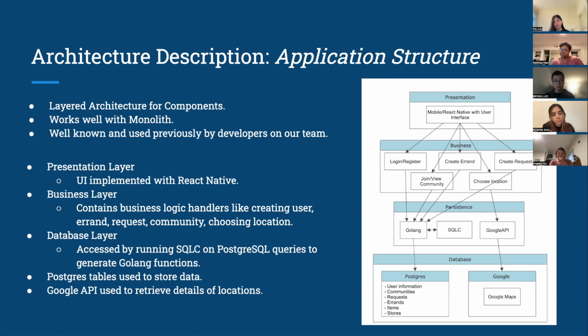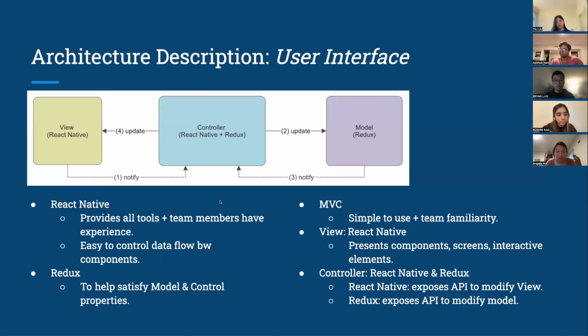First, the presentation layer, which was our UI interface with React Native, then the business layer, which contained our business logic, and our persistence layer, which interfaced between the business and database layers to get the data. And then in the database layer, we had a Postgres database for the majority of our data on the app, and then Google Maps to retrieve locations for things like stores and communities.